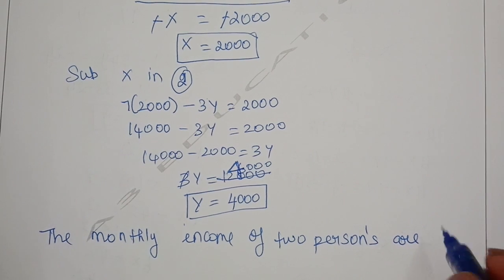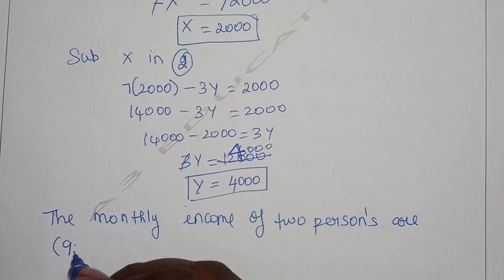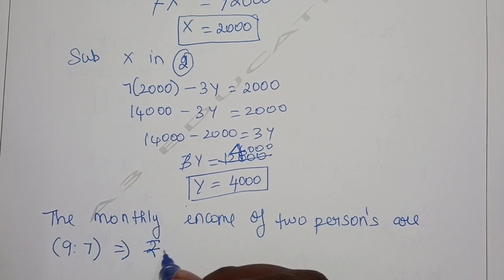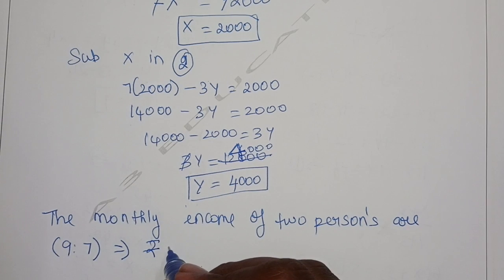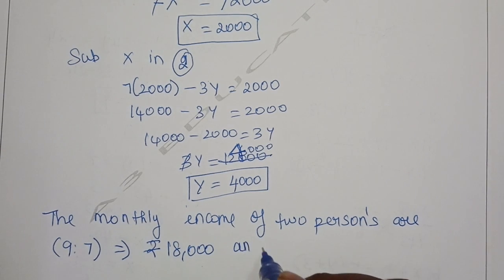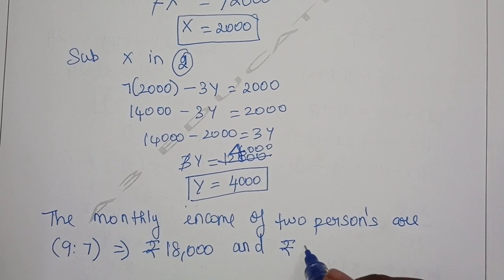The income is given in the ratio 9:7. Therefore, the values are rupees 2000 into 9, which is 18,000, and 2000 into 7, which is 14,000.